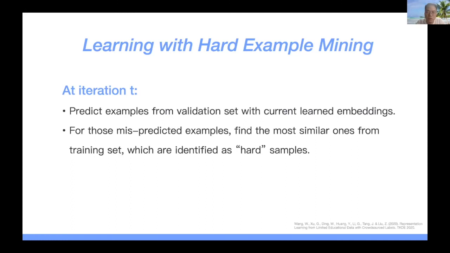Then we find the most similar examples to these hard validation examples from the training sets. This can be done using various distance metrics, such as Euclidean distance, cosine similarity, L1, L2, and so on. Finally, for the next iteration, T+1, we form groups with these training hard examples. This helps the model converge faster and obtain robust representations.